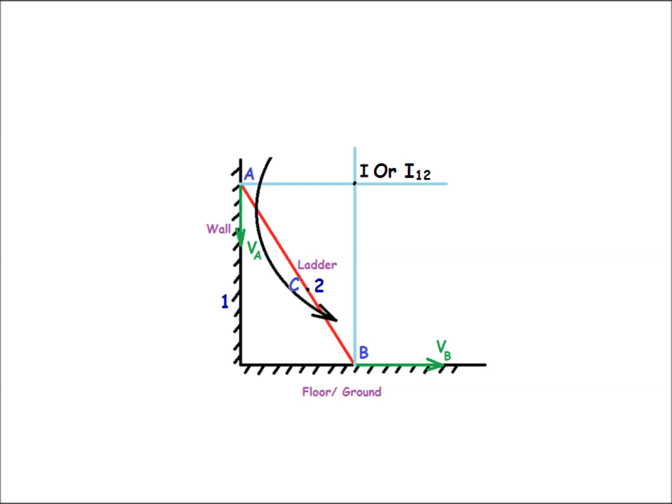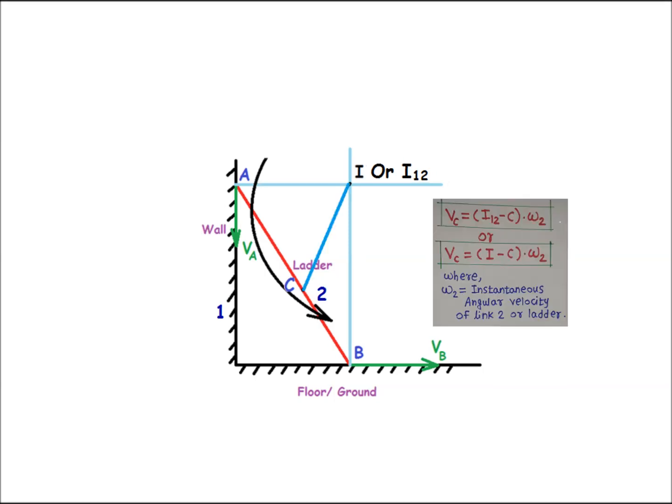Now consider point C on ladder or link 2. We are interested in velocity at point C, that is VC. Velocity at point C will be given by using basic relation V is equal to R omega. Therefore, VC will be equal to distance between I12 and C multiplied by omega 2.